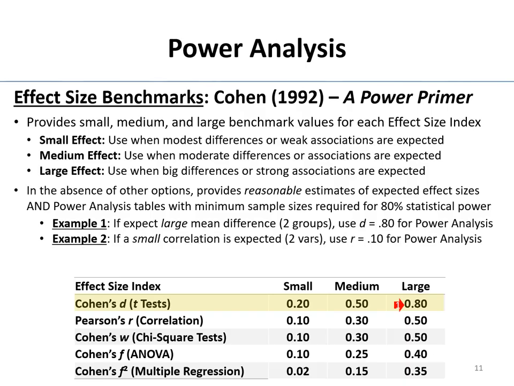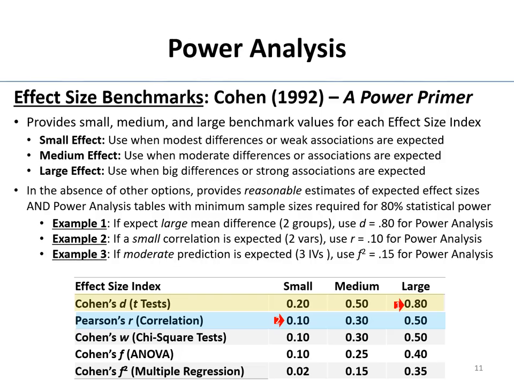Another example: if I'm doing correlational studies, highlight that row. I've got 2 variables, and I expect a small correlation between those variables. Well, you can see I'm going to use 0.10 in my power analysis as my measure of effect size estimation.